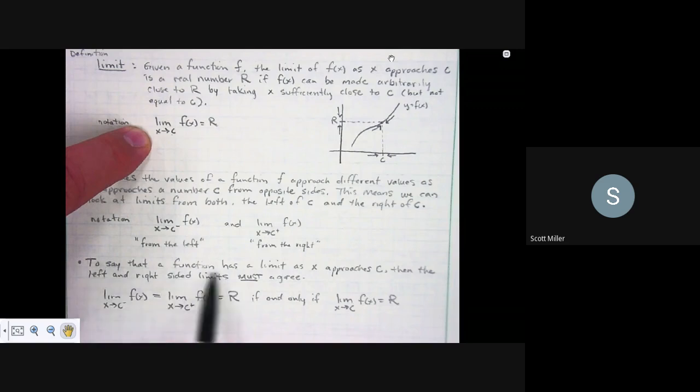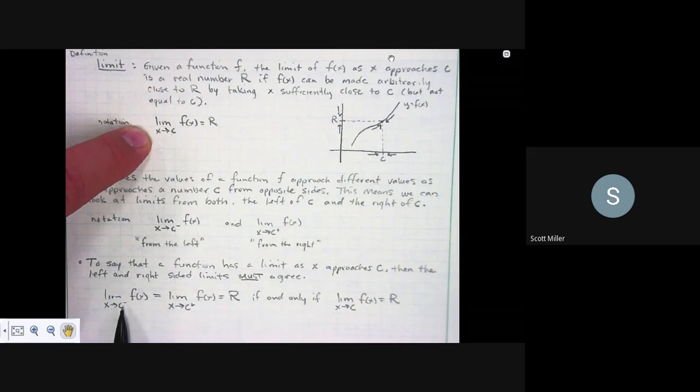The limit from the left has to equal the limit from the right, and it has to be a real number. If that happens, then the limit is r.